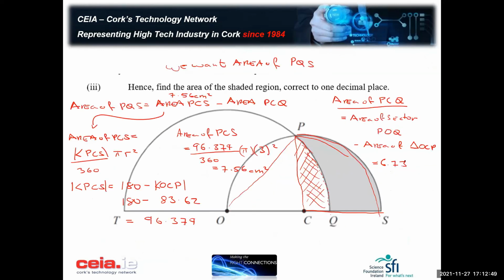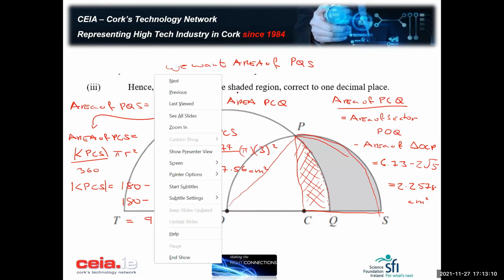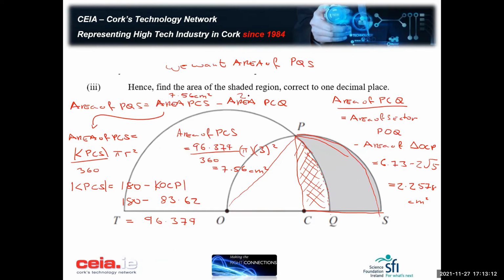So less 2 root 5. And if you work that out in your calculator, you get the area of PCQ is 2.2578 centimeters squared. So that's the area of PCQ up here.